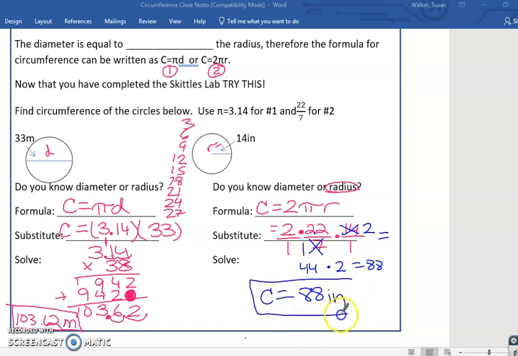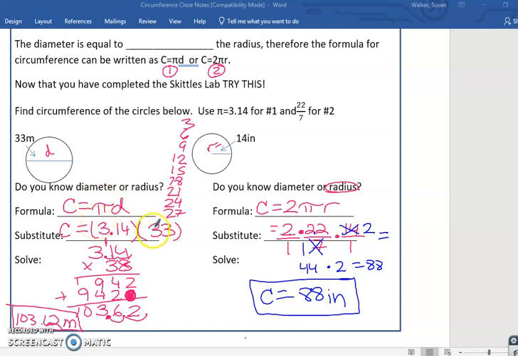So the very last thing I want to do is just show you one thing real quick. This seems like something confusing, but it's really not. But we use this idea a lot, especially in upper level math. Sometimes they'll tell you leave things in terms of pi. So when it says leave things in terms of pi, that means they actually want to see the pi sign in the answer.